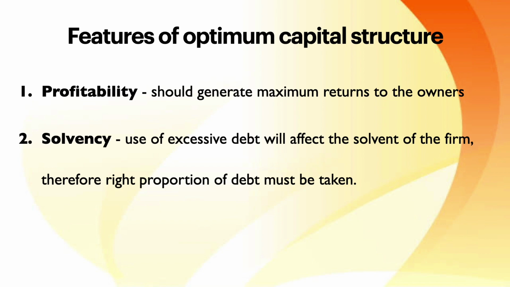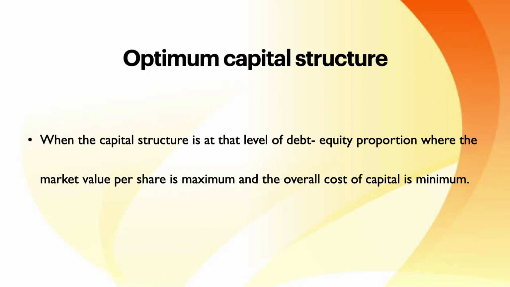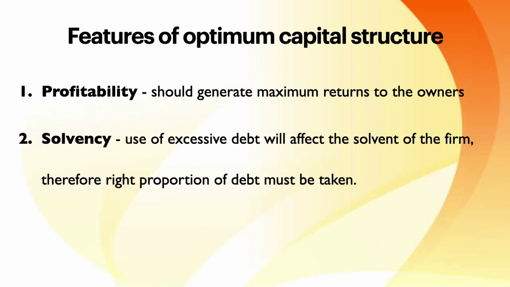Second is solvency. What is solvency? Use of excessive debt will affect the solvency of the firm. Therefore, the right proportion of debt must be taken. As I told earlier, if debt capital is more, then you are liable to pay more interest to your debenture holders, irrespective of whether you are making profits or losses.